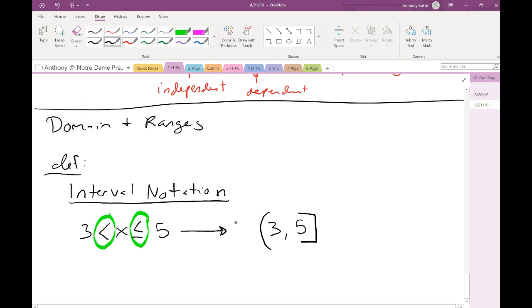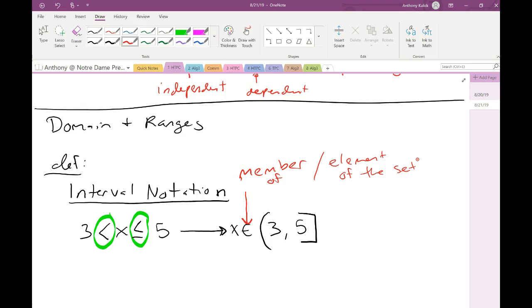And I guess in this case, since we have the x's between 3 and 5, we should say x is a member of the interval from 3 to 5. That little E-looking symbol there is mathematical shorthand for the phrase member of or element of the set.